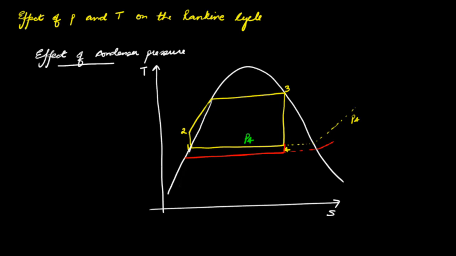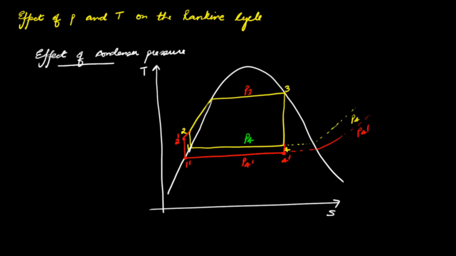So we know that the isobars corresponding to lower pressures will lie below. So this is an isobar at lower pressure P4 prime, and then we'll have this modification to the cycle if we reduce the condenser pressure, because the boiler pressure we are keeping to be the same, that is pressure P3.